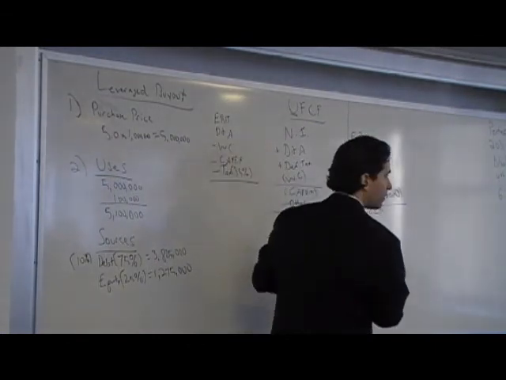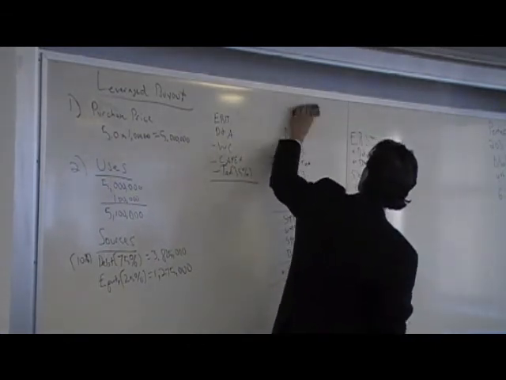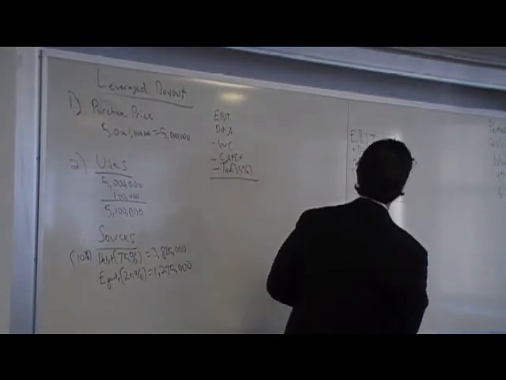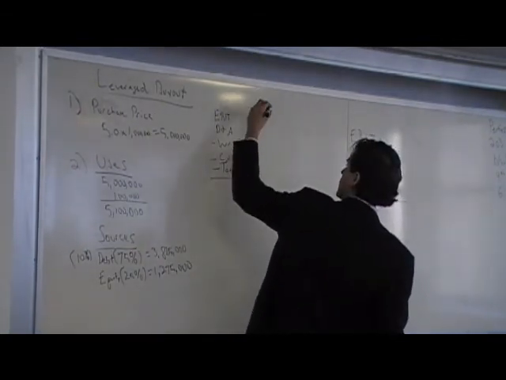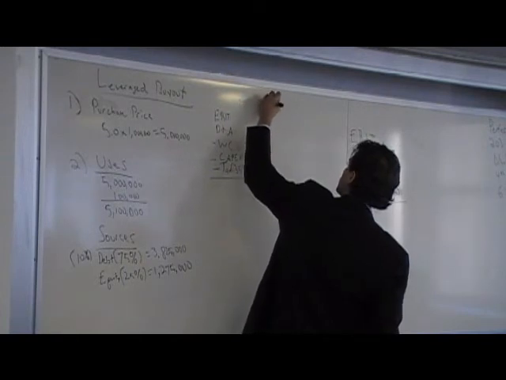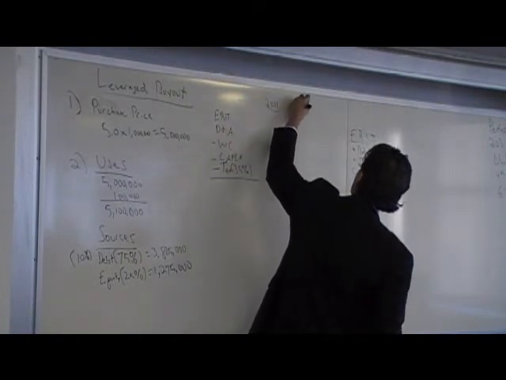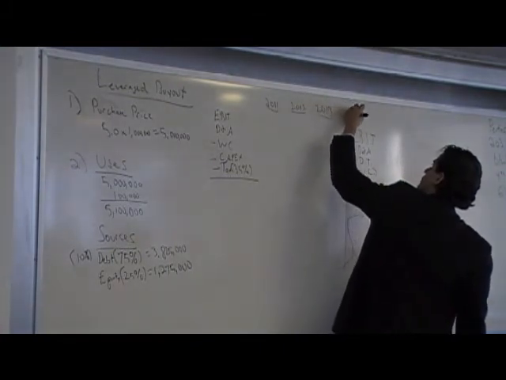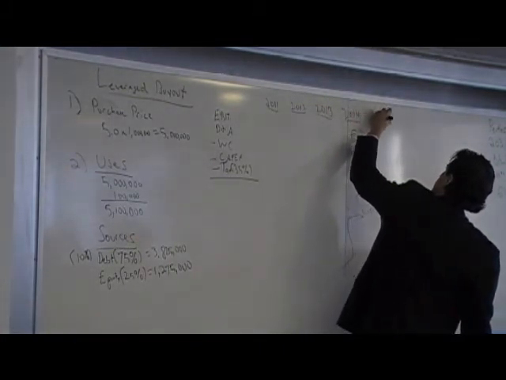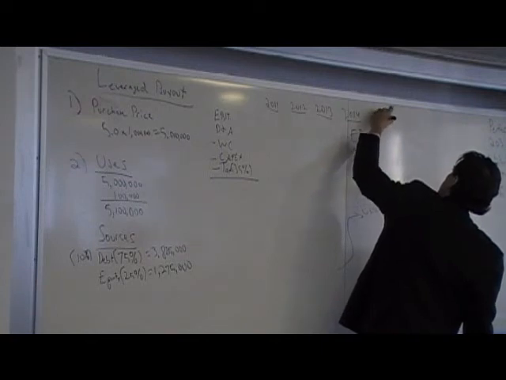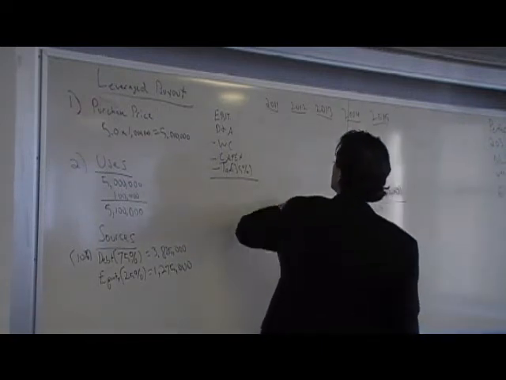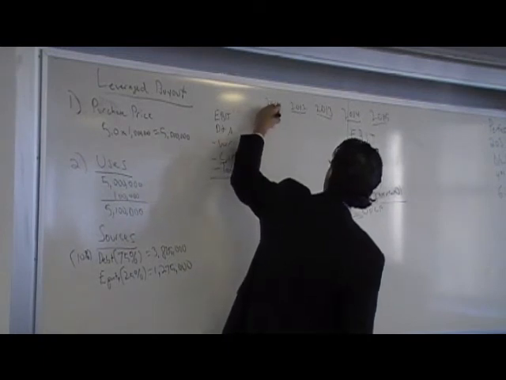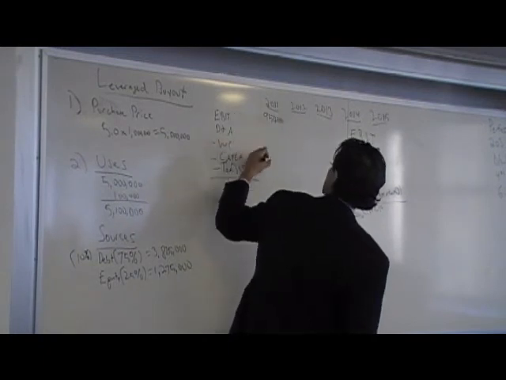And let's say in 2011, 2012, 2013, 2014, 2015. Let's say the EBIT is 950, D&A is 50.